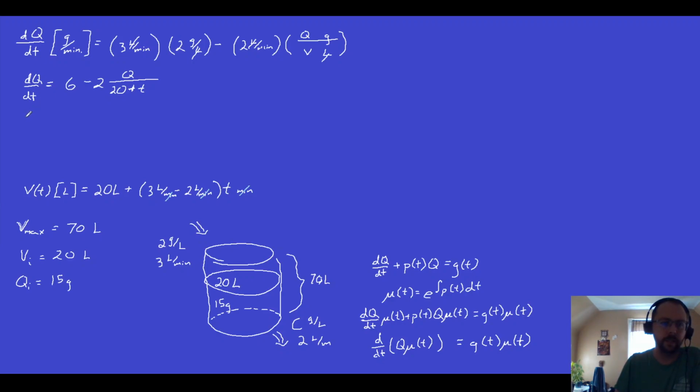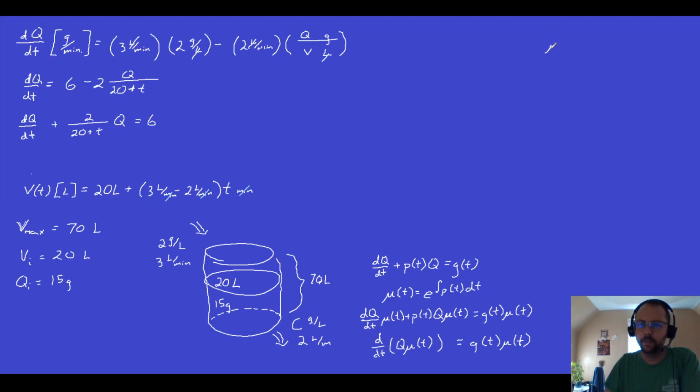So we have dq/dt plus 2 over 20 plus t times q equals 6. And we see from this that mu of t, we'll do this up here.